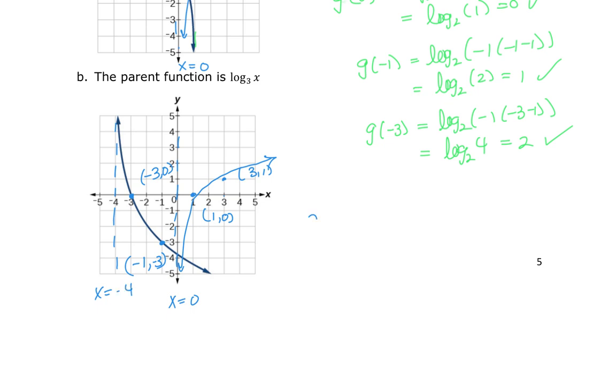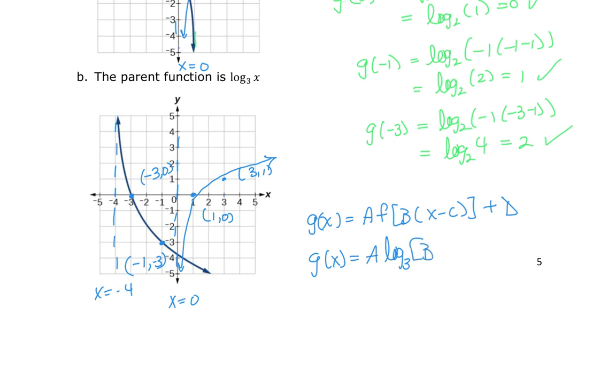So when I start building my g of x, which is a f of b x minus c plus d, I know that what I have so far is g of x is equal to a, the log base 3 of b, x plus 4, because it's moved over to the left 4, and then plus d.